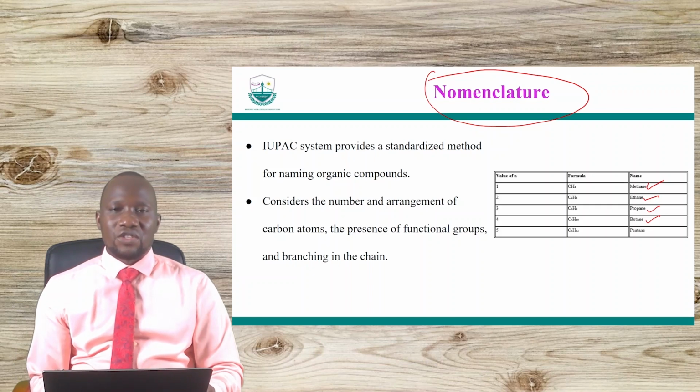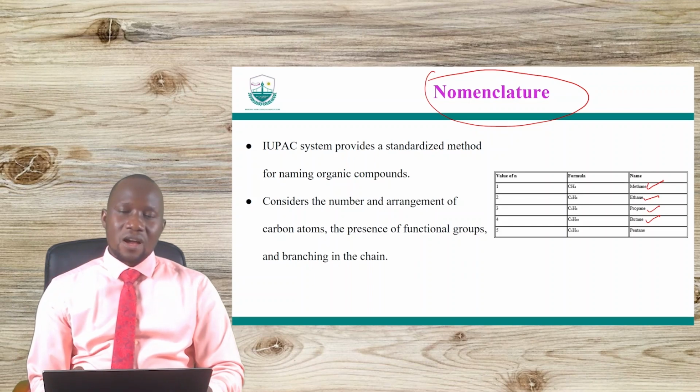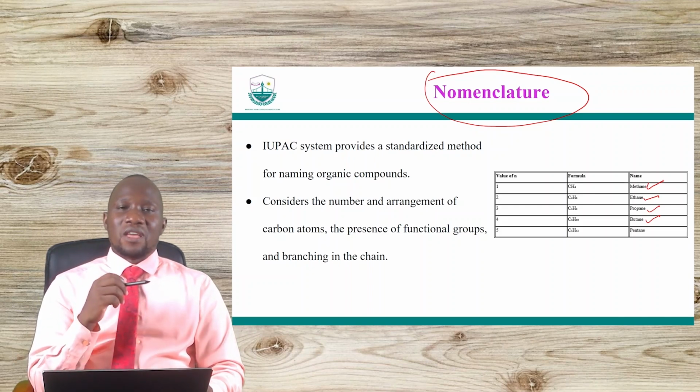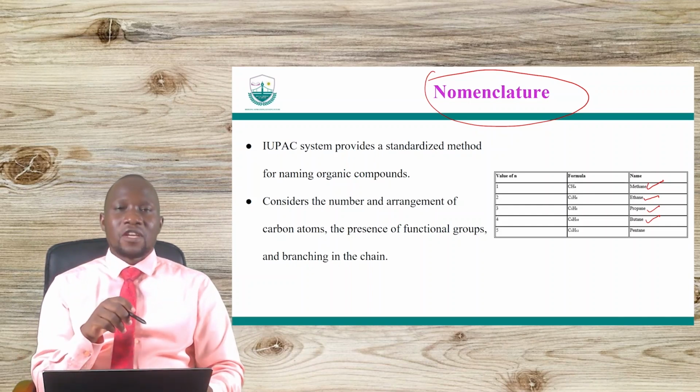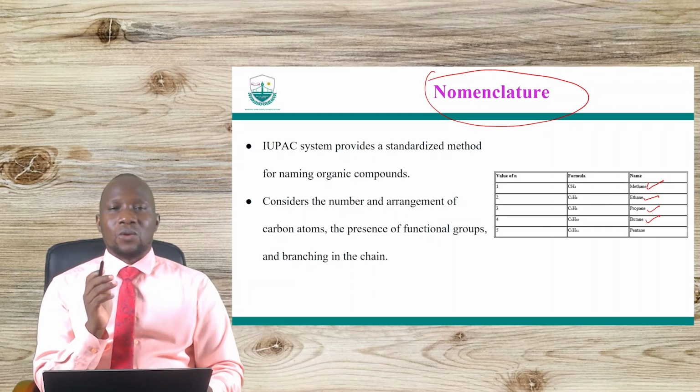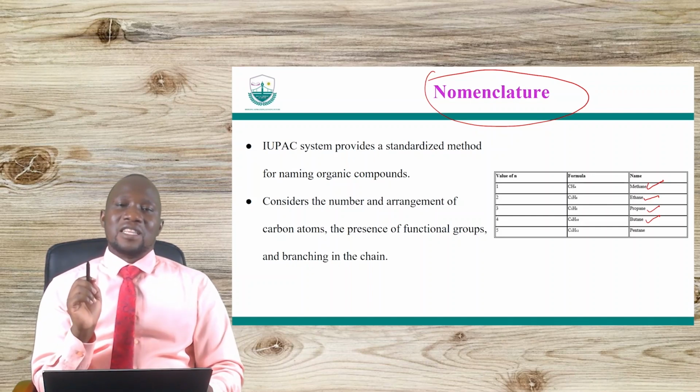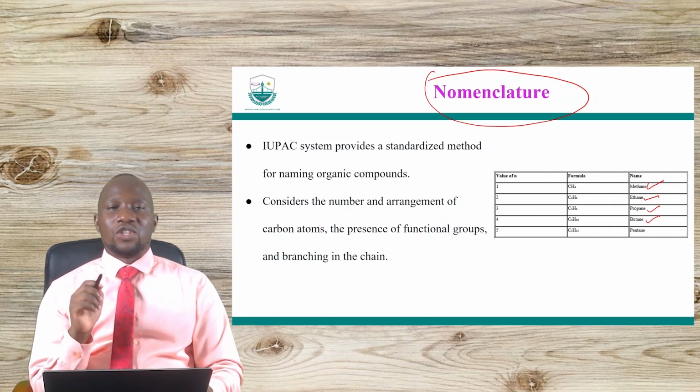In organic chemistry, especially in naming organic compounds, we are interested in the number of carbon atoms that form that compound. And then, after knowing the number, we also look at the position of the functional group.